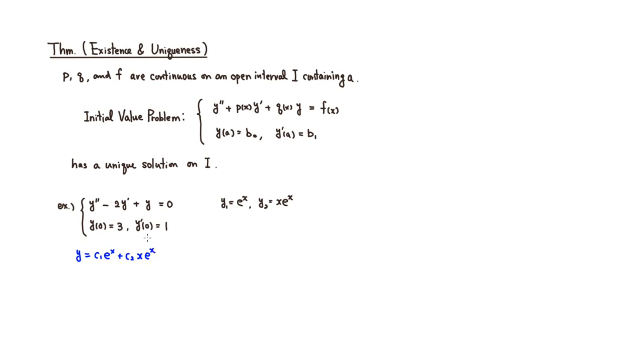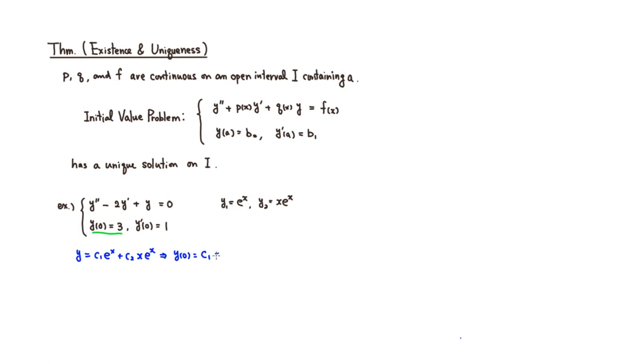Since we have to satisfy the initial value condition, I'm going to plug in x equals 0. So y of 0 is equal to, e to the 0 is 1, so you're going to get c1, and the other term with 0 plugged in is 0, so it's just c1.